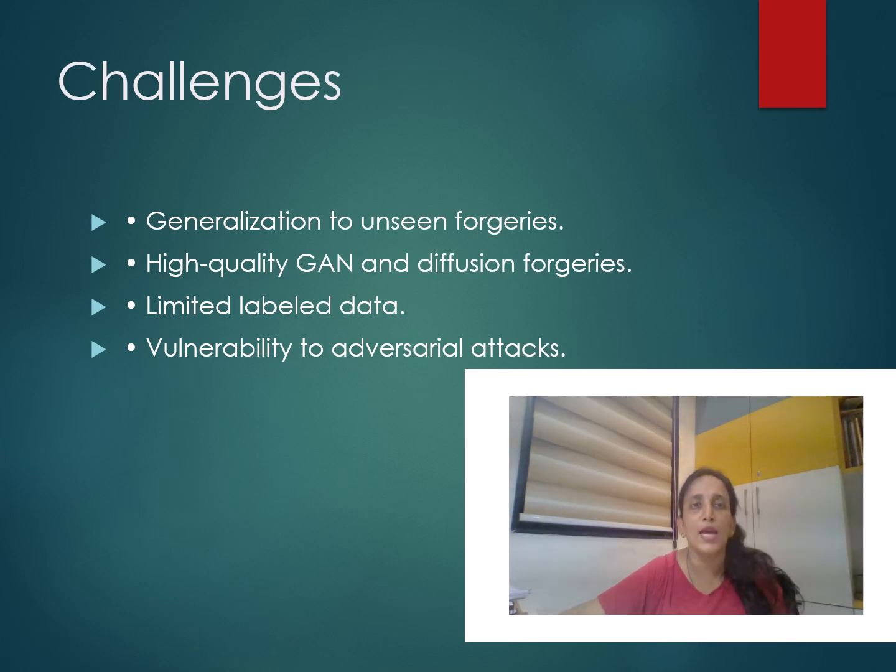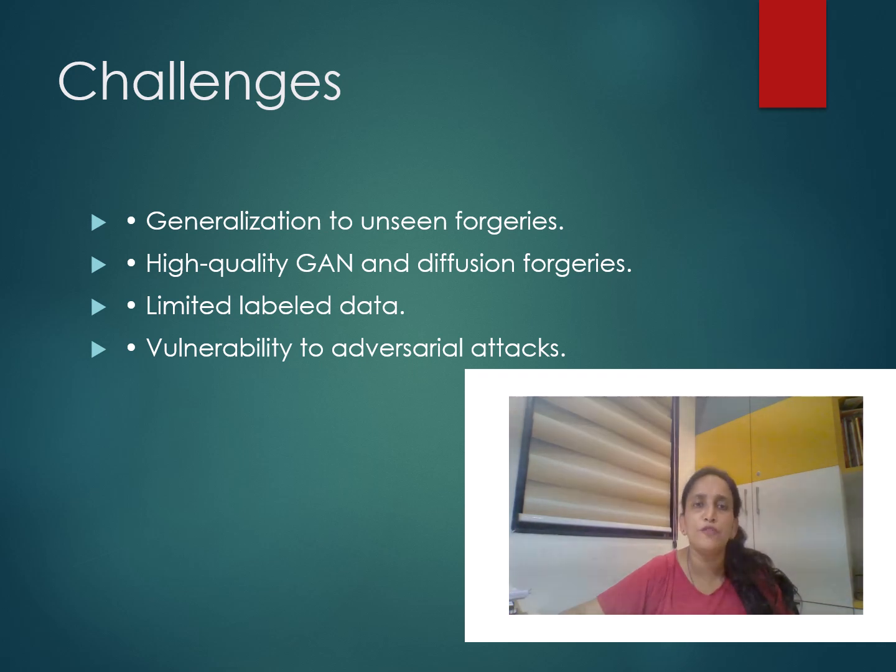Next come the challenges in deep learning. Even though deep learning is powerful, it still faces some challenges, either in the form of generalization, high-quality forgeries, limited labeled data, or adversarial attacks. Generalization: models trained on one dataset may not perform well on another.